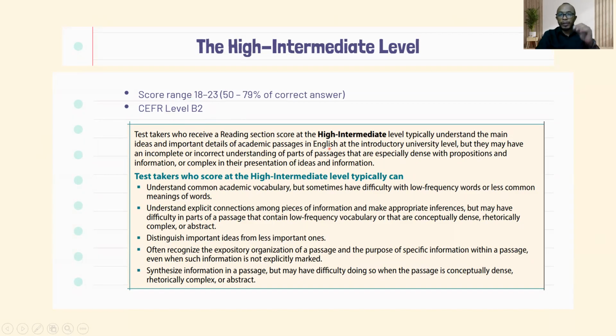So the difference between the high intermediate and the advanced level is basically in how much you can understand from the reading. So the advanced means you can understand almost all of the entire main ideas and information from the passage, but high intermediate means most, not as complete as the advanced level.